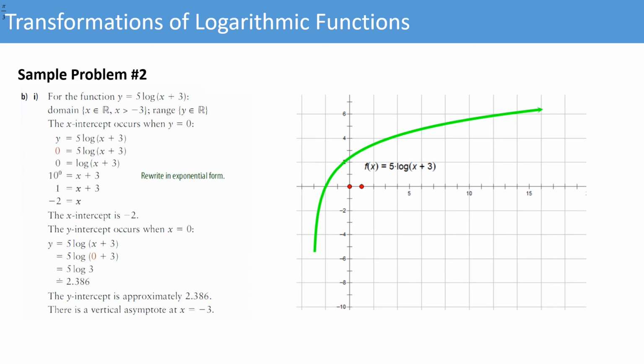The y-intercept occurs when x is equal to 0. So we know that we'll substitute in x as 0, and we will solve for y and get 2.386. There is a vertical asymptote at x is equal to negative 3.